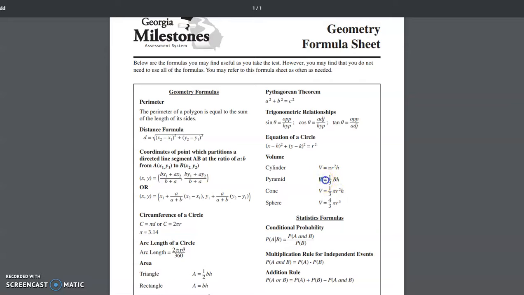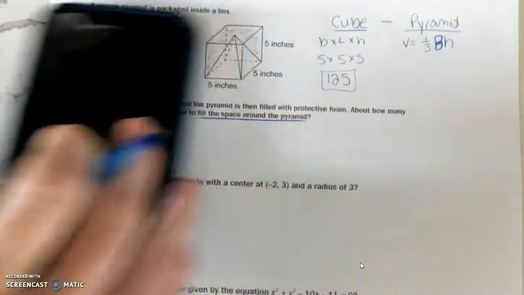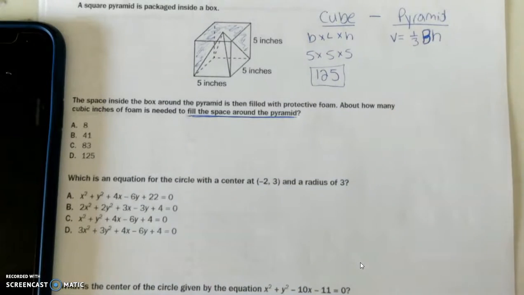So the pyramid volume is equal to 1/3 base times height. So let me make sure and write capital B. We know what capital B means. It's the area of the base, right? Alright. So I made that into a capital B.